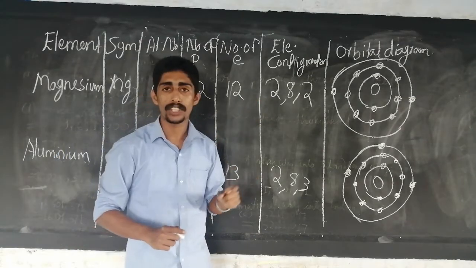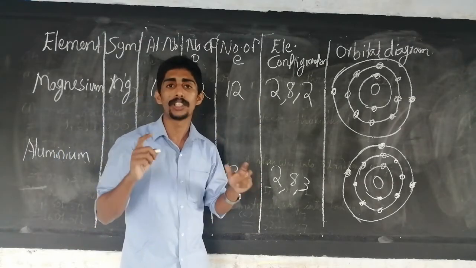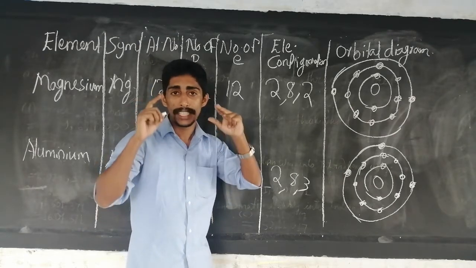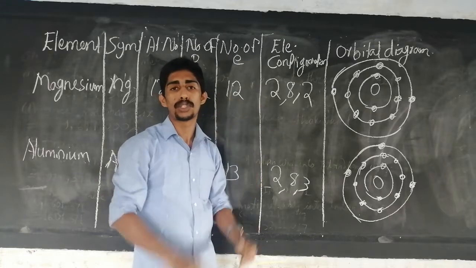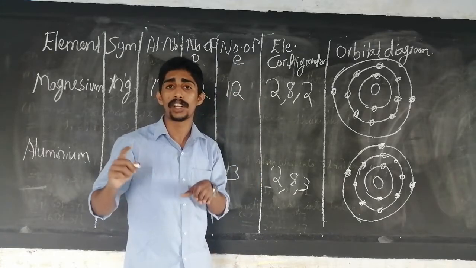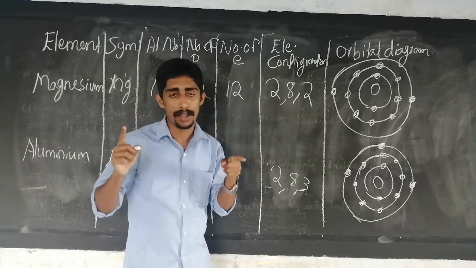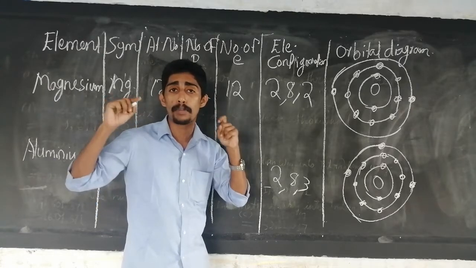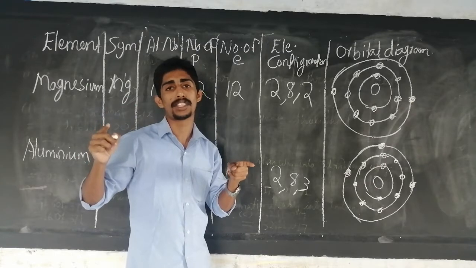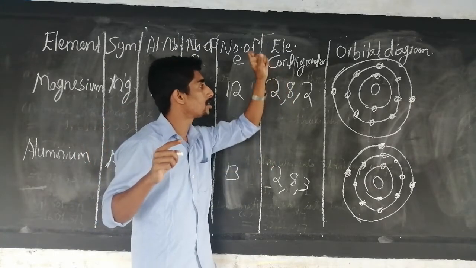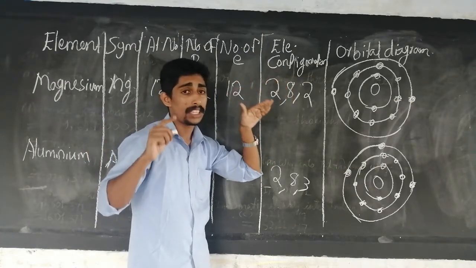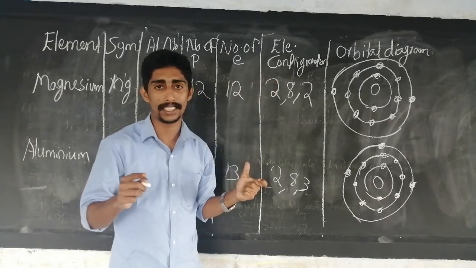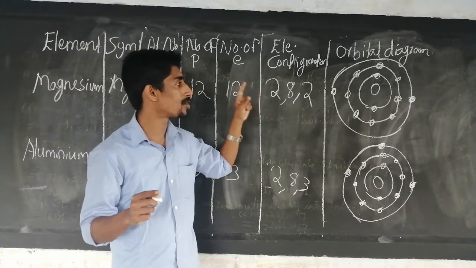Then how many electrons are remaining? 12 minus 2, 10 electrons. From these 10 electrons, 8 electrons will go to the second shell. Why can't all 10 electrons go? Yeah, already we studied, because the second shell can accommodate maximum 8 electrons. Then how many electrons are remaining?